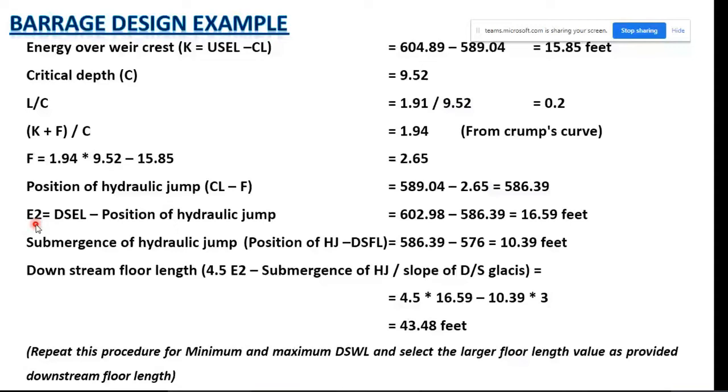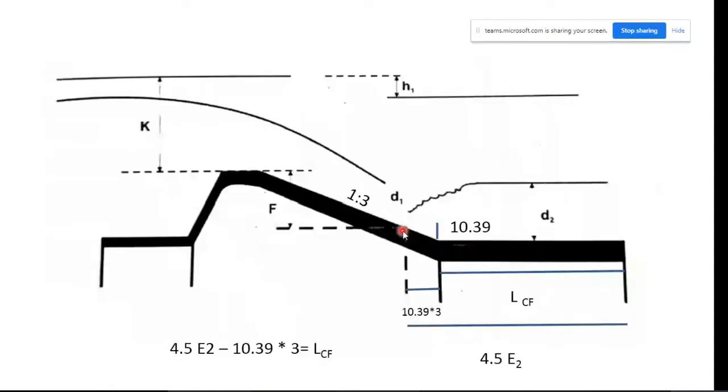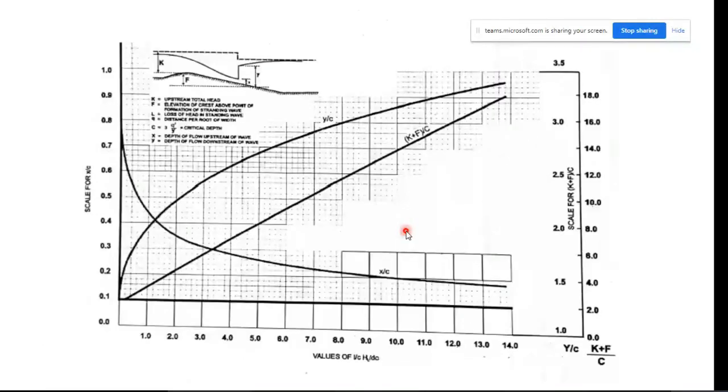So the specific energy will be the difference of the downstream energy level, which is given to us, and the position of the hydraulic jump. Subtract the position of the hydraulic jump from the downstream energy level to get the specific energy at the position of the hydraulic jump.